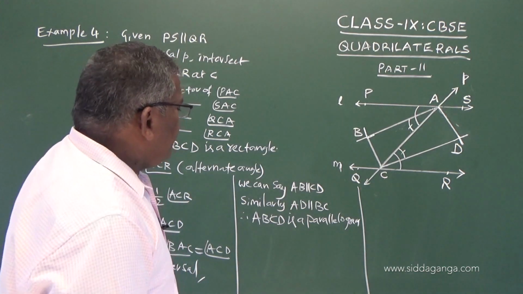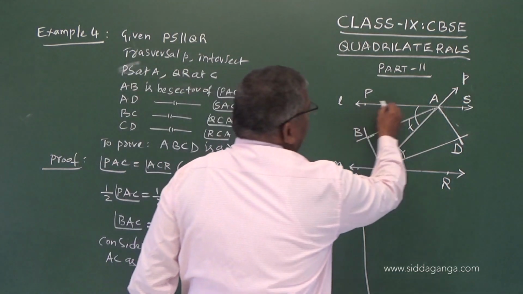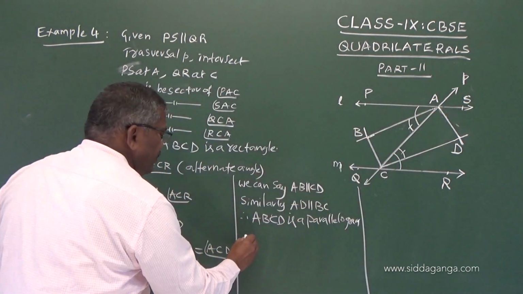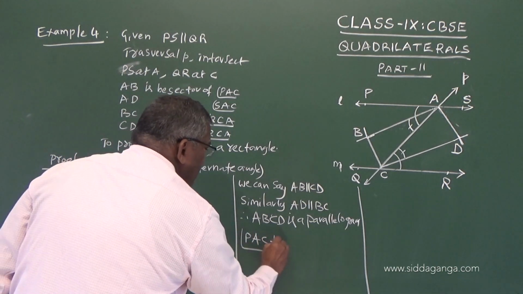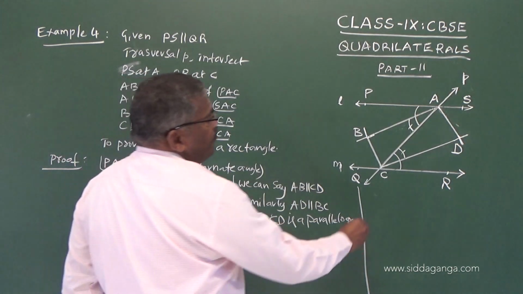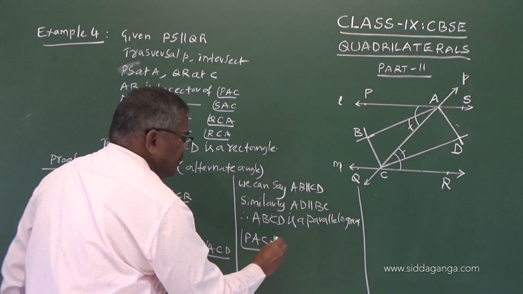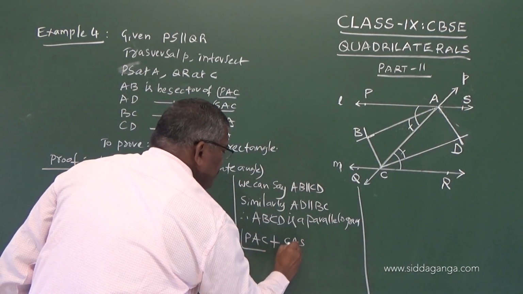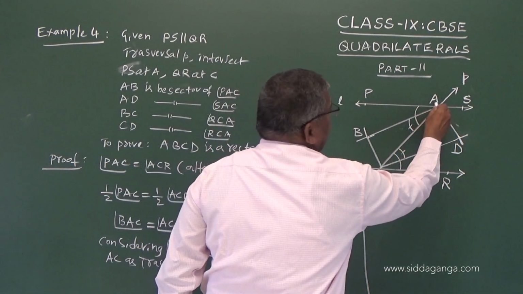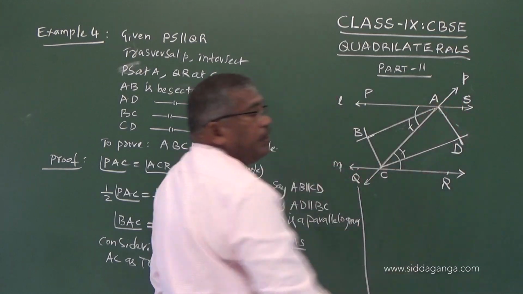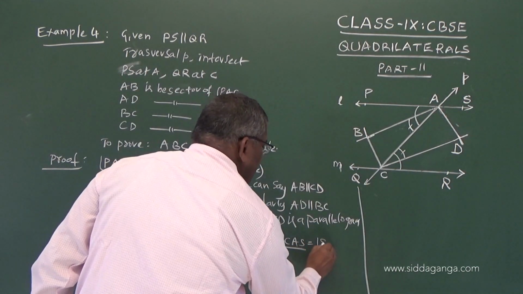Now observe the figure. Observe this: PAC and CAS. These two are a linear pair. Therefore, their total is 180 degrees.